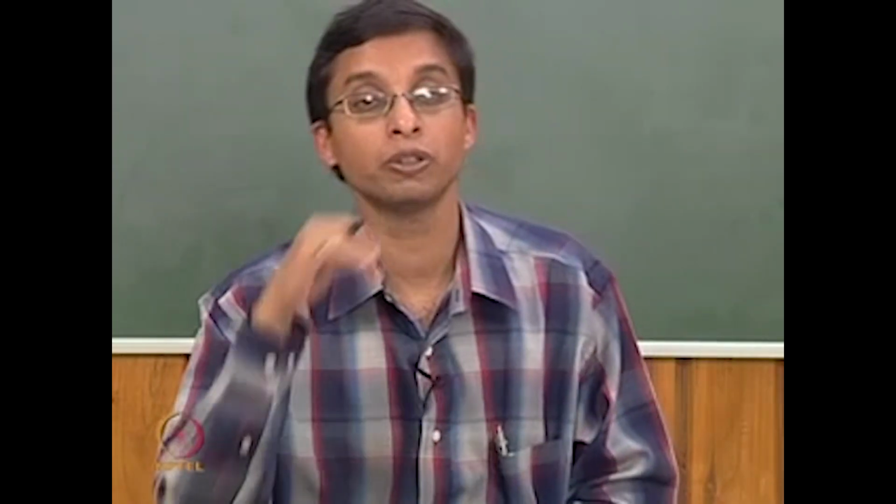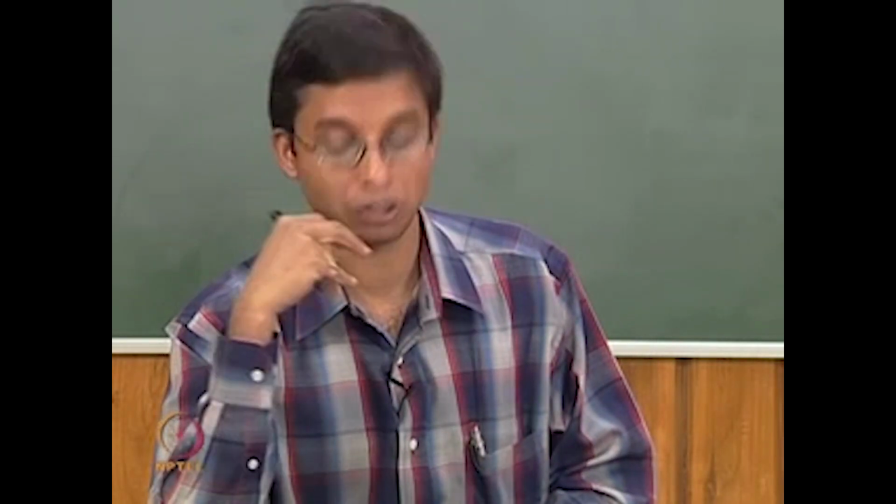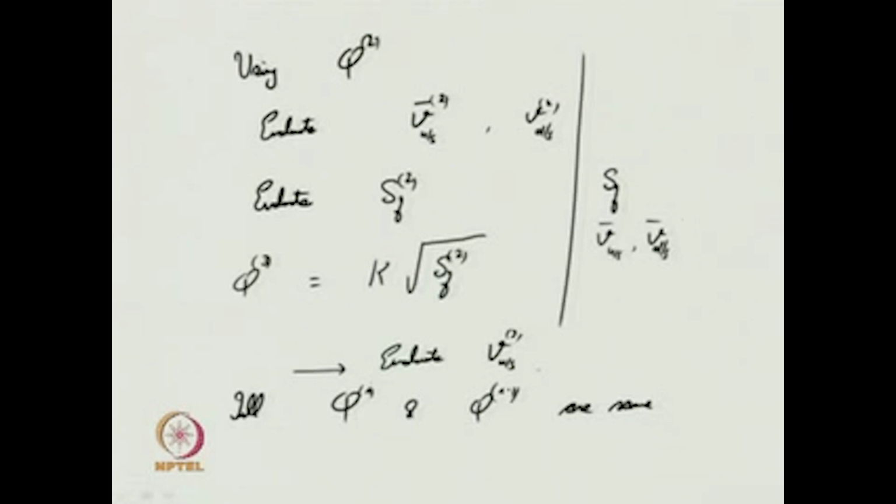So, this is how you compute the flood discharge using uniform flow approximations for natural streams. As I mentioned earlier, you are dealing with the entire channel reach.